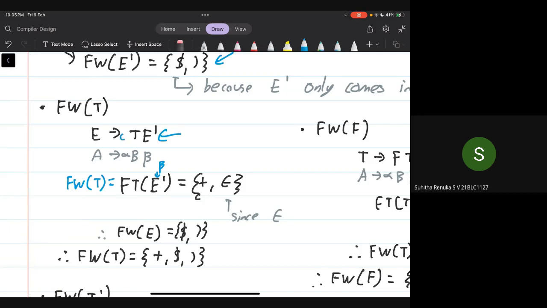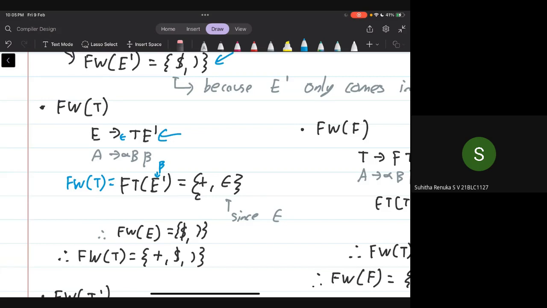Implicitly, it's empty. Alpha can be epsilon. So B is equal to T and beta is equal to E dash.